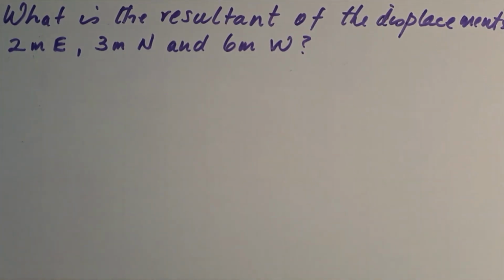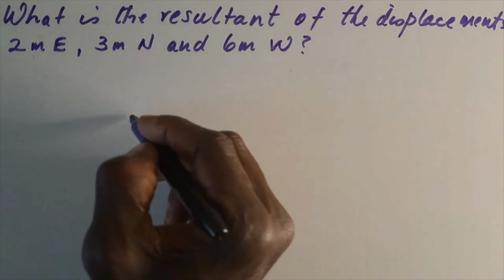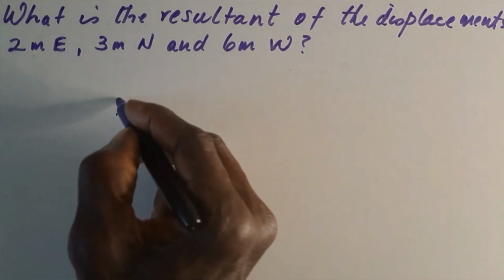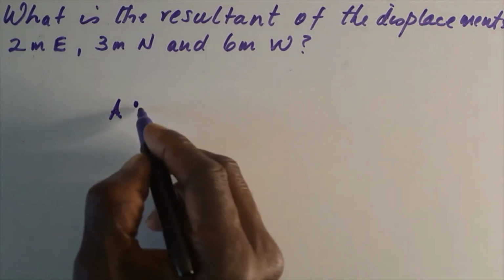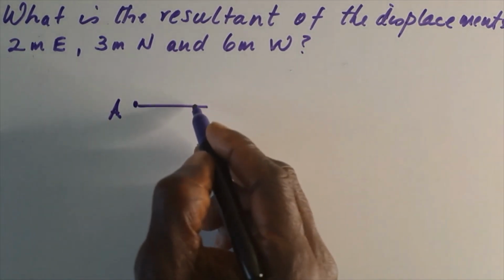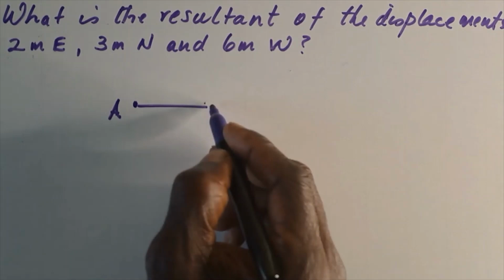So first, we have the displacement 2 meters east, and we'll label this beginning with A. So we have A as our first point, and we have 2 meters going east.